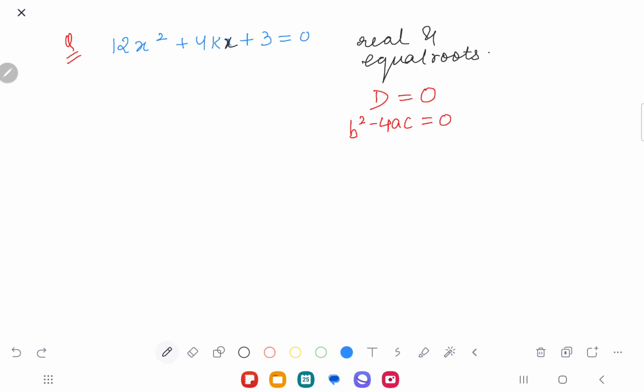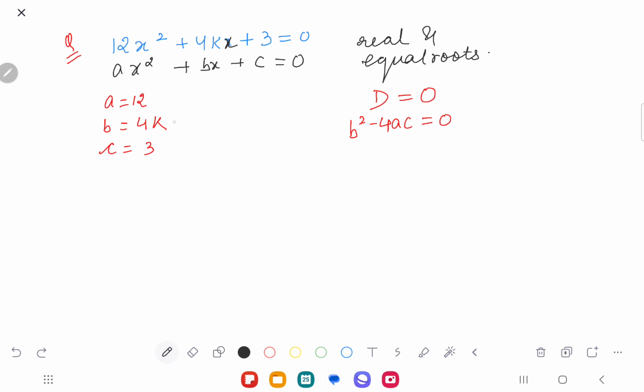So let's compare the given quadratic equation with ax square plus bx plus c equals to 0. So a here is going to be 12, b here is going to be 4k, and c here is going to be 3. Are you understanding?